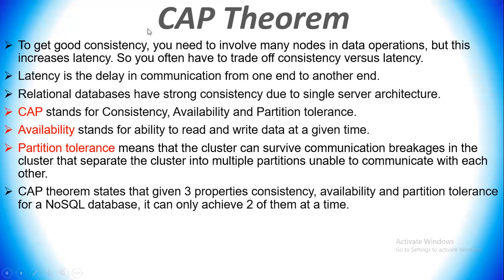So this is the CAP theorem. It states that given consistency, availability and partition tolerance, a NoSQL database can achieve at most two of them. You may achieve only one also, but you definitely cannot achieve all three at once.